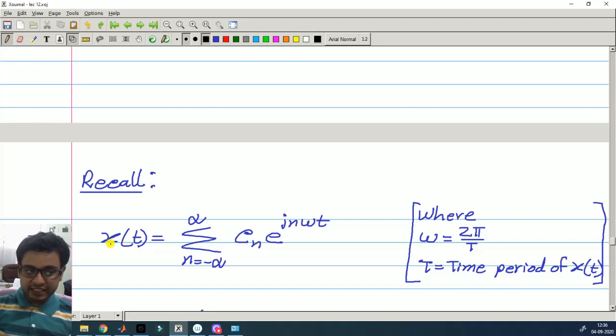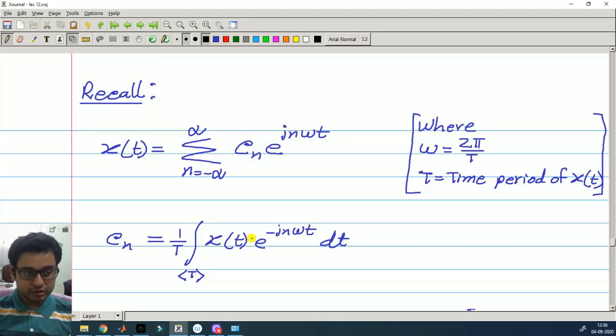Given x(t), if you want to determine the amount of different harmonic components, you can use this rule that we have derived yesterday.